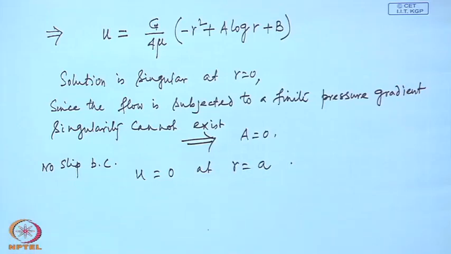And then what do we get? We get B equal to G by 4 mu A square. Okay.